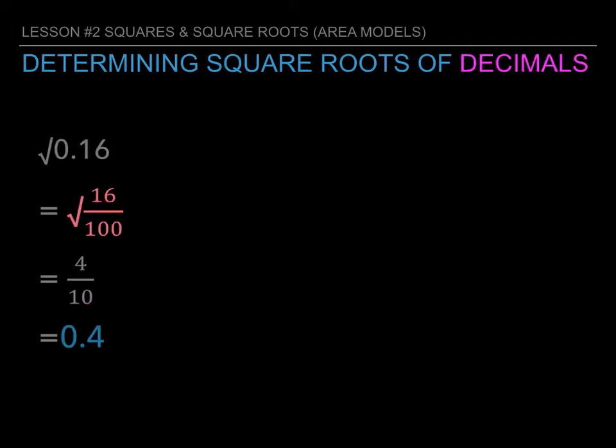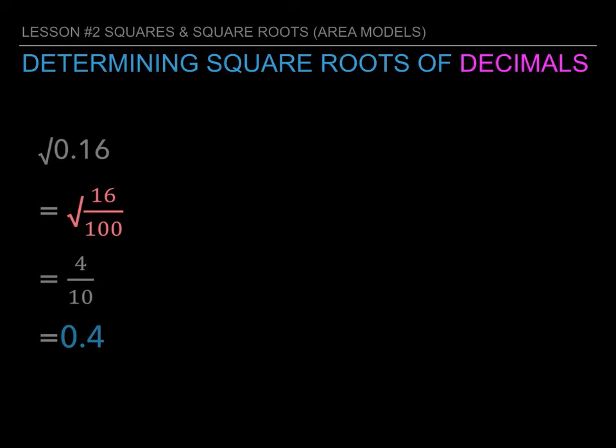What about determining the square roots of decimals? For example, if you were asked to determine the square root of 0.16, the first thing that I would do is rewrite that decimal as a fraction. So 0.16 is the same as 16 in the numerator and 100 in the denominator.